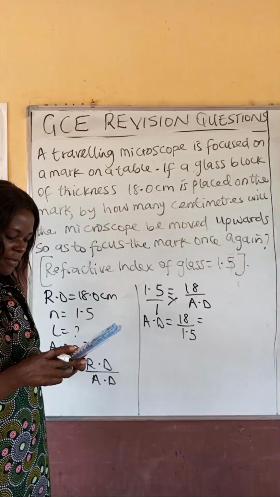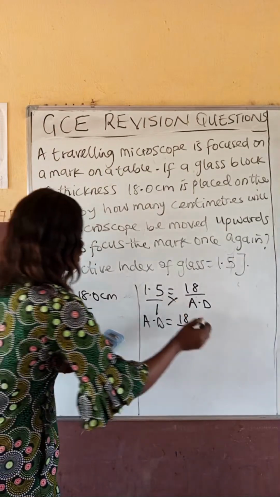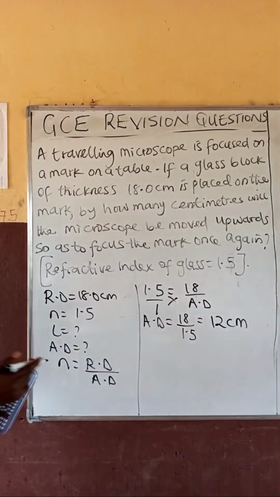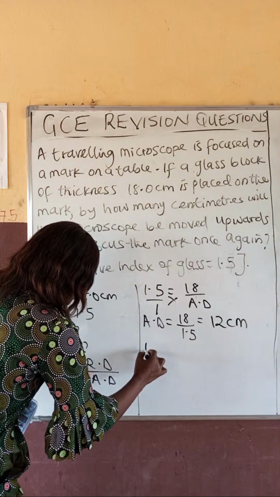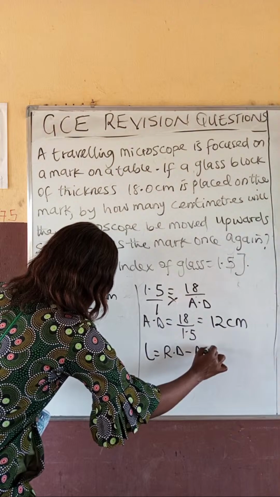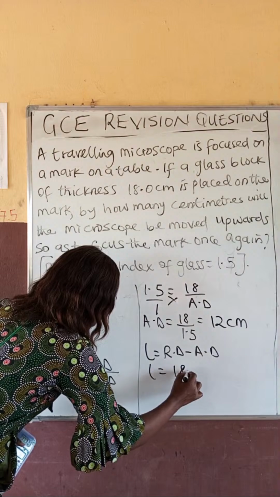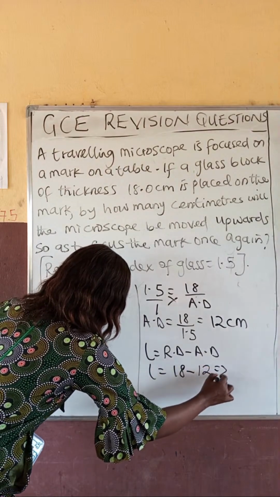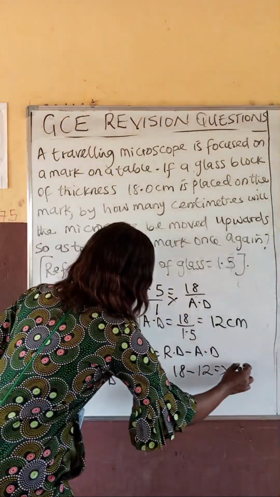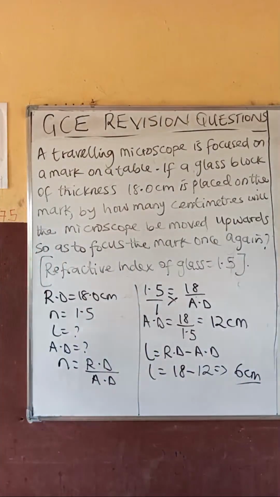So let's see what we'll have. 18 divided by 1.5, my answer becomes 12. So the answer is 12 centimeter. So for me to get the lateral or upward displacement, I will say L equals real depth minus apparent depth. That is L equals 18 minus 12. By the time I subtract, the answer becomes 6 centimeter. Is that clear?